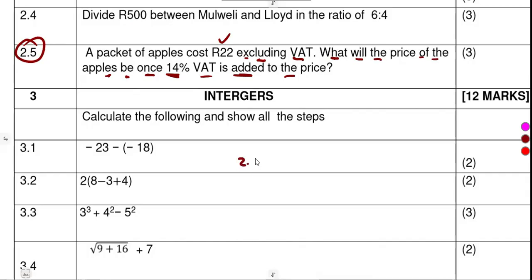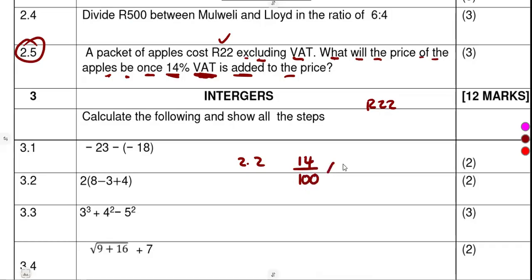So this is it, guys. There is a percentage increase, meaning to say the original amount is 22. This is our original amount, 22 Rand. But there is value added tax. It's a tax which is added, 14%. So that's 14 over what? 100.